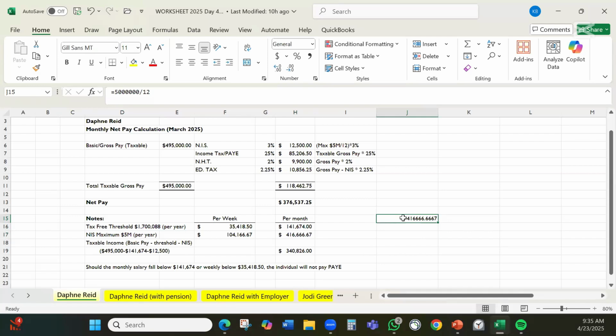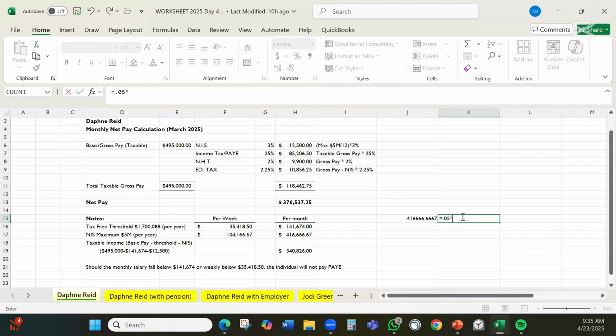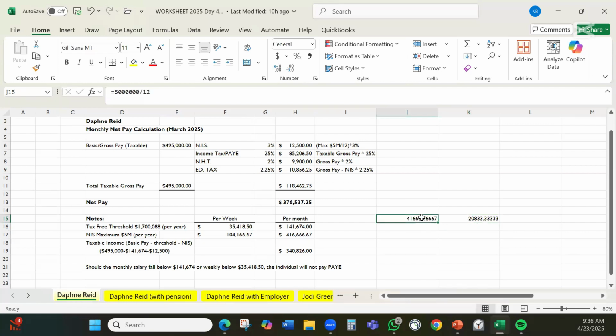So if you have earnings above this, then all you pay is 3% of this. 5 million for the year, right? 3% of whatever that is.